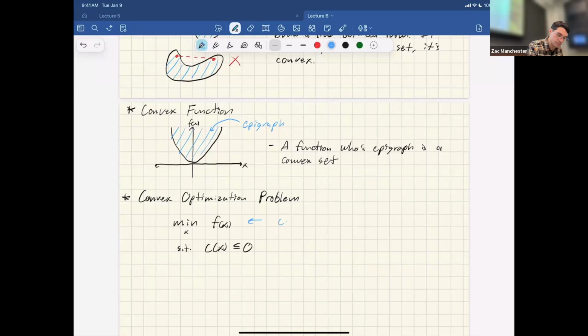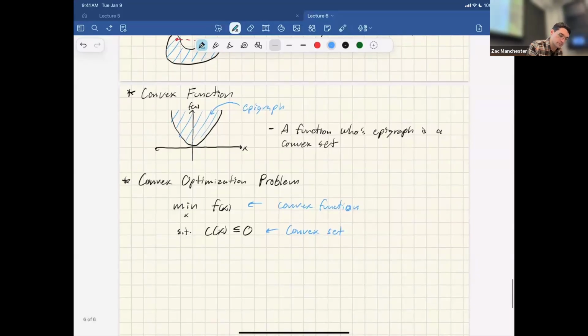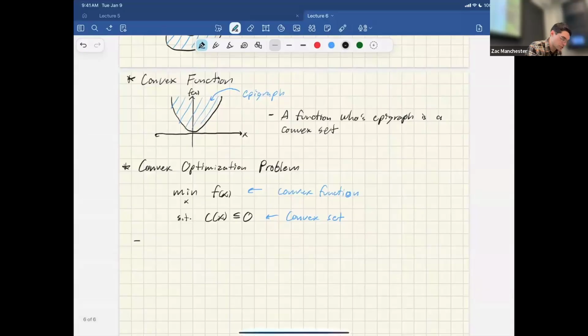So this is a convex function, and this is a bunch of constraints written as some kind of inequality that defines a convex set. So we're trying to minimize a convex function over a convex set.